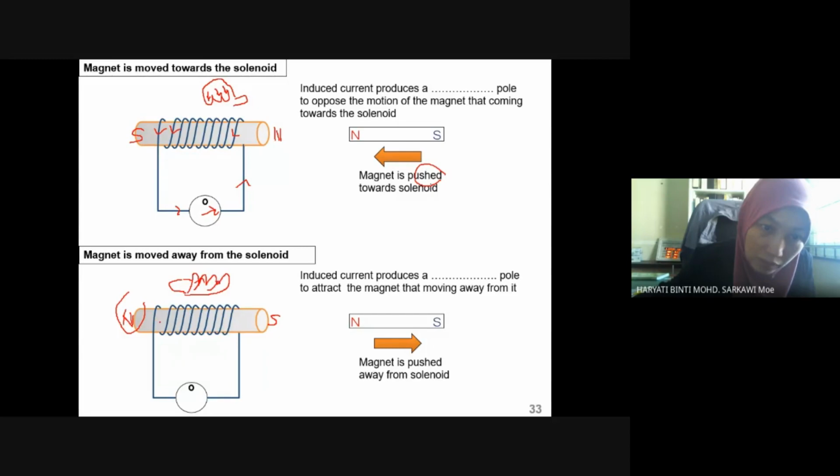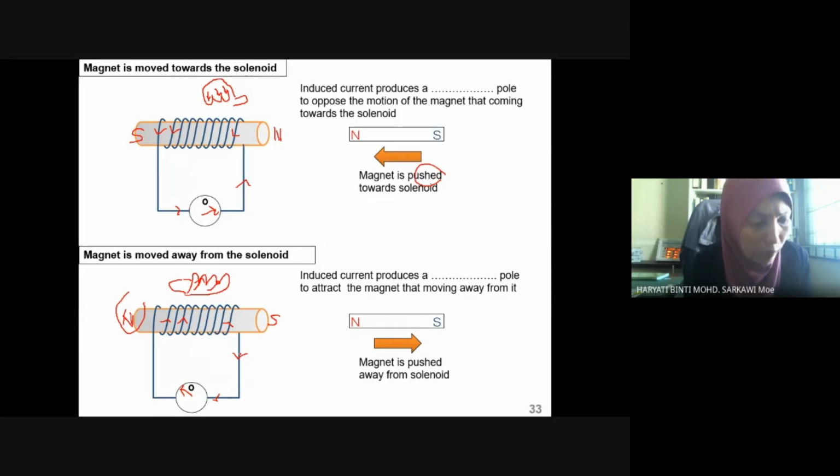So the current here will be up. If up, then you focus on the last one here. It winds like that, right? So it will be down like this. Deflect to the right.